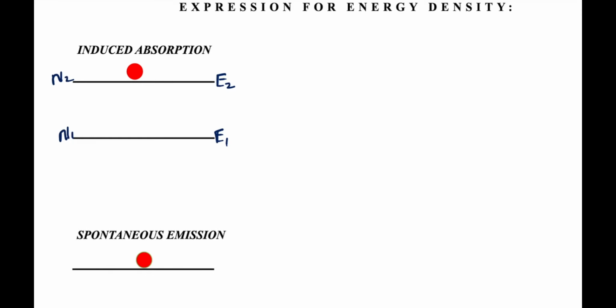This process we call absorption. How many electrons go to the E2 level, and how much energy is absorbed? For that, we can write: rate of absorption is directly proportional to N1, the number of electrons present in the E1 state.